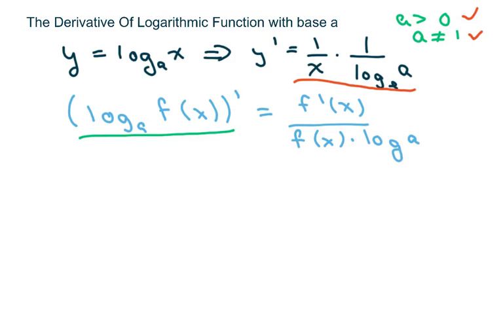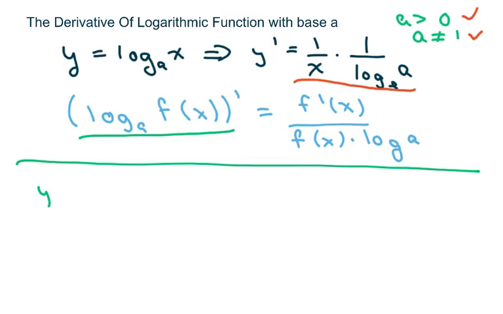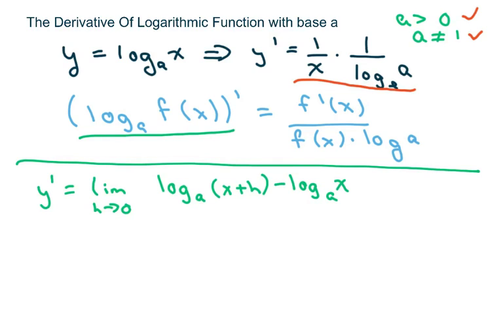So the first thing we're going to do is start with our limit process to find the derivative. So that's going to be the limit as h approaches 0 of log base a of x plus h minus log base a of x over h.